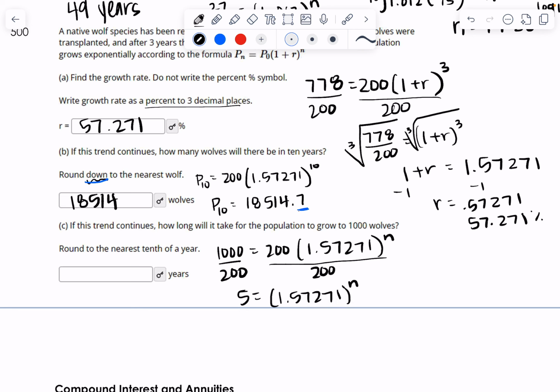1.57271 to the n. We do log on both sides. So you would do log base 1.57271 of 5 equals n. The change of base formula tells us that it's log of 5 over log of 1.57271.